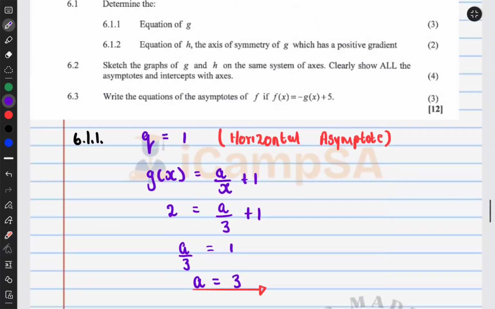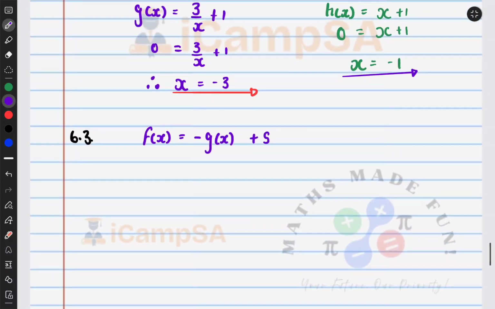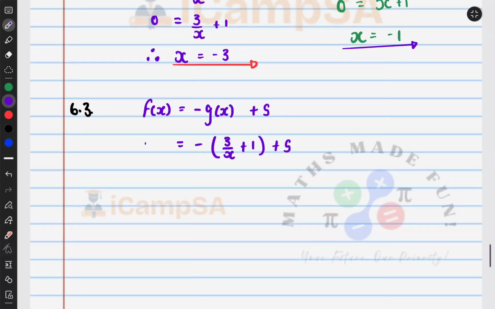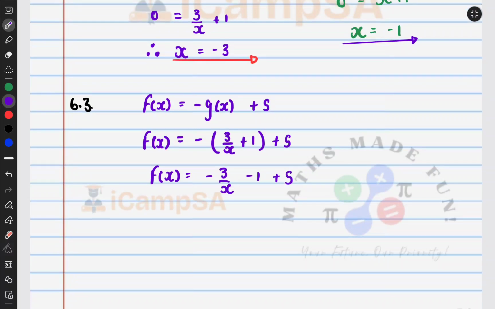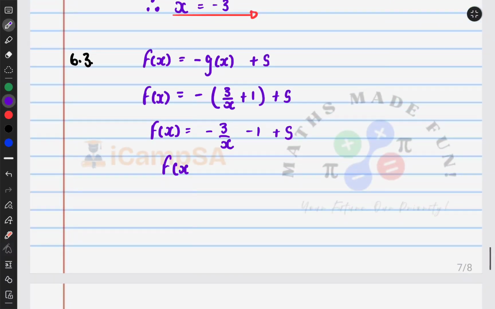Let's start by finding the equation of f, which is going to be negative times 3 over x plus 1 plus 5. Therefore f(x) is equal to negative 3 over x, minus 1 plus 5, which will be f(x) is equal to negative 3 over x plus 4.